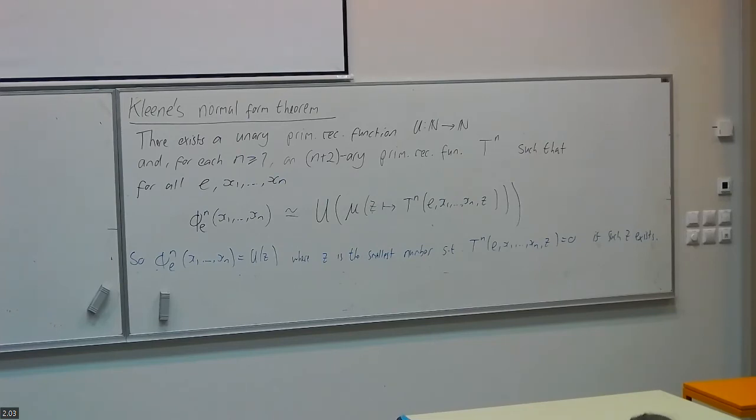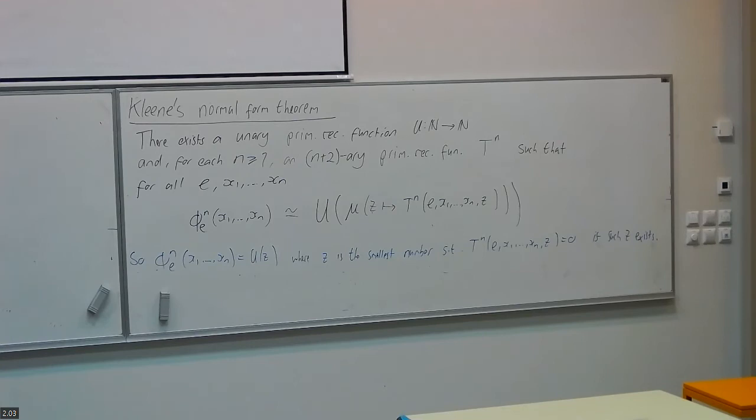and z is an encoding. The number z is going to play a very important role, and what z has to do is encode the whole sequence of configurations in the execution of the Turing machine M on the input tuple, the binary representation of x1 through to xn.